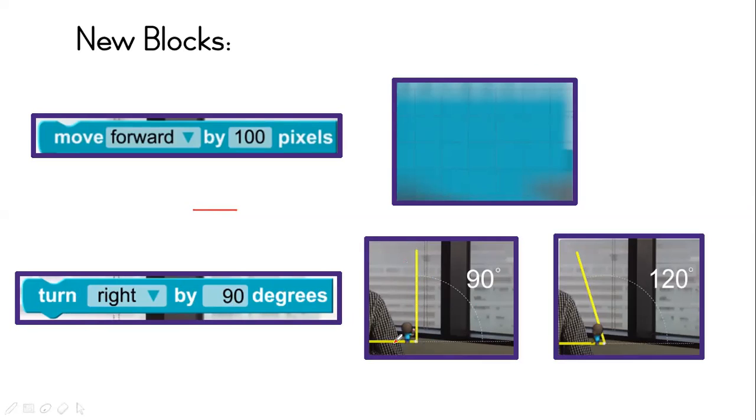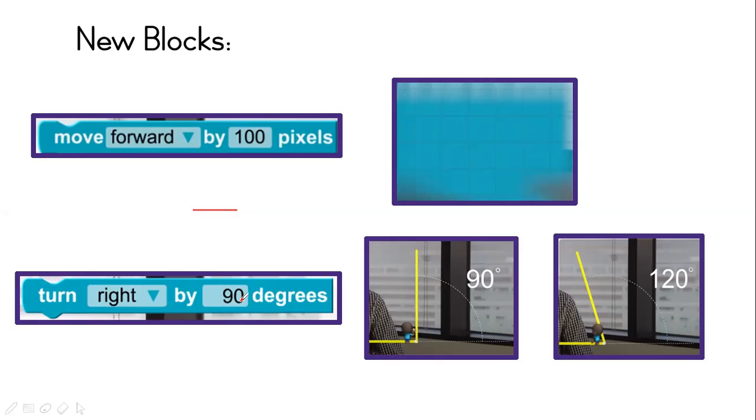So it just means the line's going to make a 90-degree angle. But if we change this block and we say 120 degrees, your line will look like this. So you can see that our artist can draw triangles as well if we make it 120 degrees.